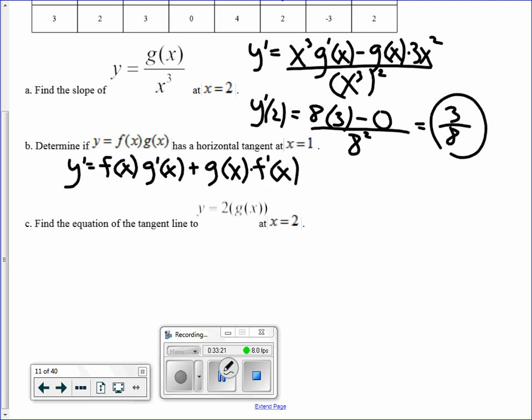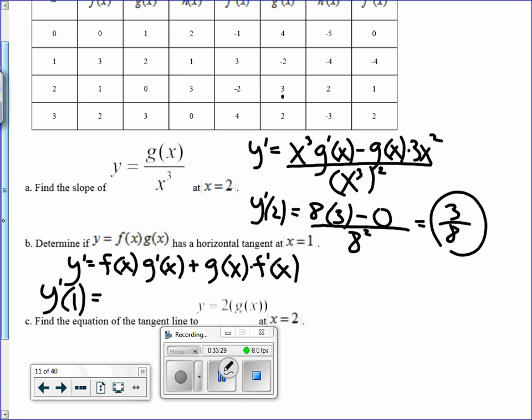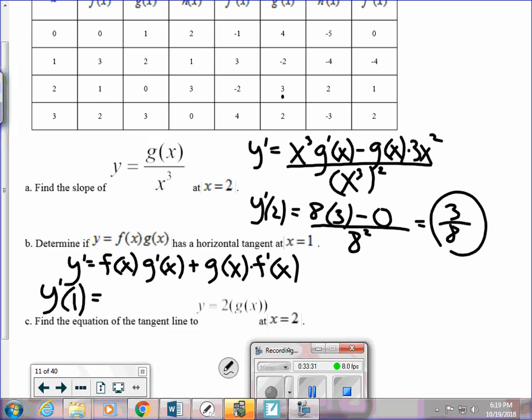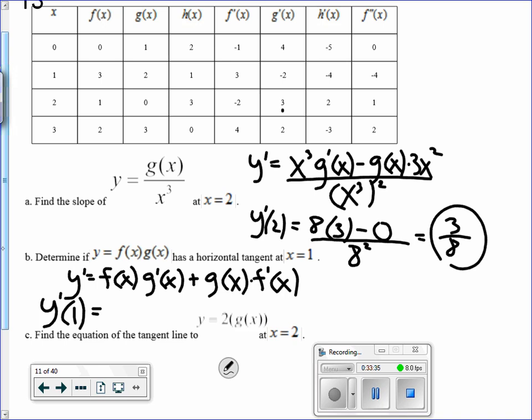Now let's see what happens when we plug in 1. I'm getting short on room again, so let me just move this over. F of 1 is 3. So we have 3 times g prime of 1. If we look over here, that's negative 2.